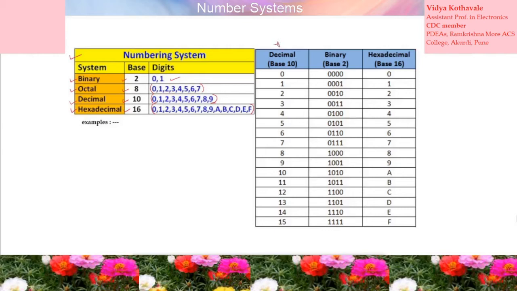We are familiar with the decimal number system. The decimal number and its binary equivalent are being shown in the table. Decimal 0 is equivalent to binary 4 times 0. Decimal 1, binary equivalent 0001. We observe that from decimal number 0 to decimal number 9, the representation in decimal and hexadecimal is one and the same.